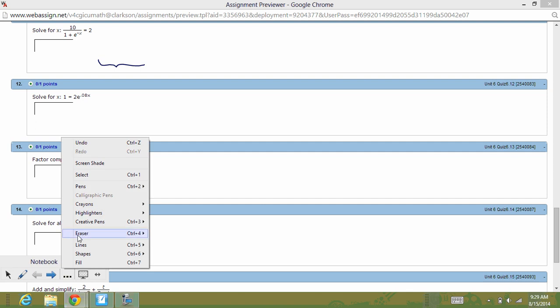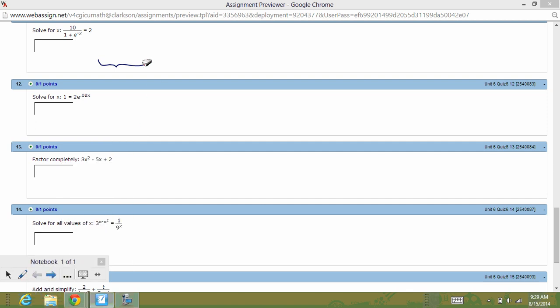And get my eraser out again here just to get rid of this line there. And this next one, look at the expression here on the left. 10 divided by 1 plus e to the minus x power equals.